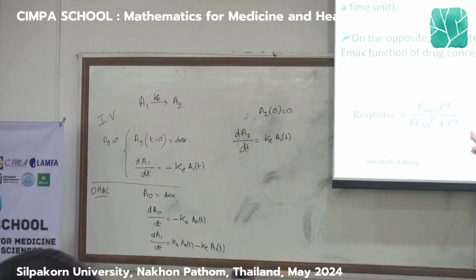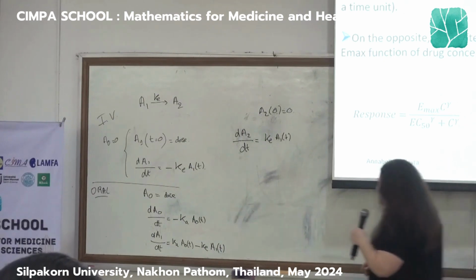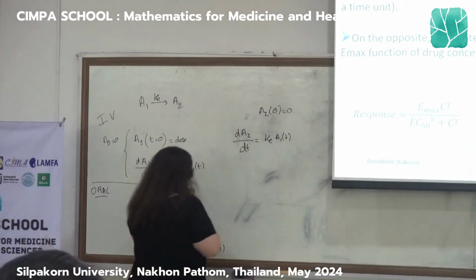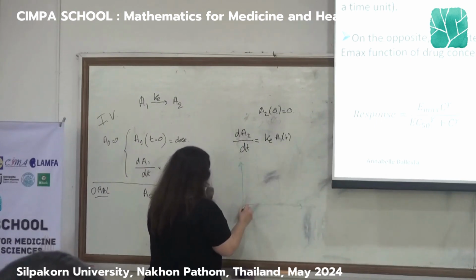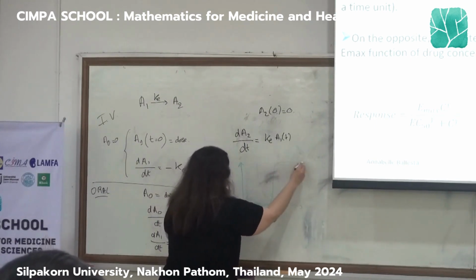Your gamma will tell you about the stiffness of the curve. When gamma is really high, you will be close to a square. I'm going to draw this. When gamma is super high, you are close to a step function like this.